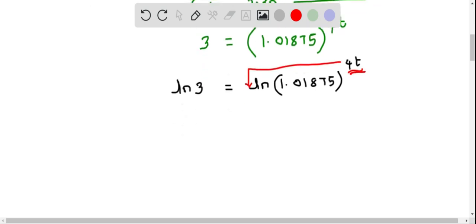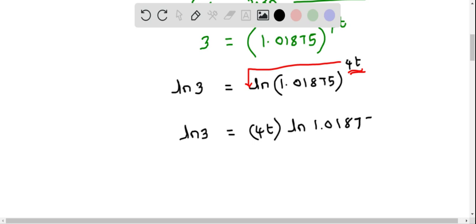So in the next step, we have natural logarithm of 3 equals 4t times natural logarithm of 1.01875.